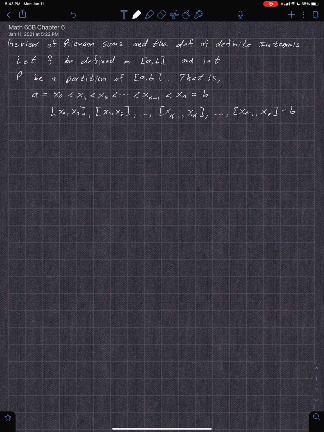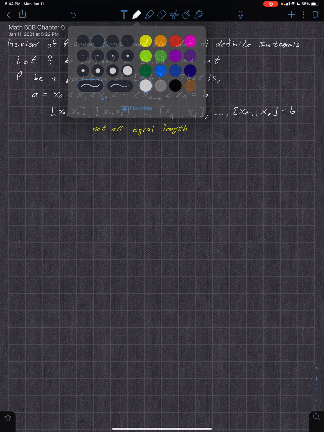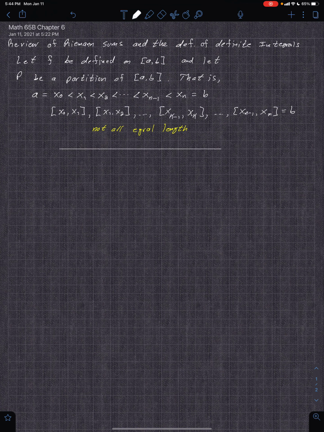Keep in mind these are not all equal lengths. Our partition on the interval from a to b will look like this: you have x1, x2, x3, x4, etc., and then x sub n minus 1.